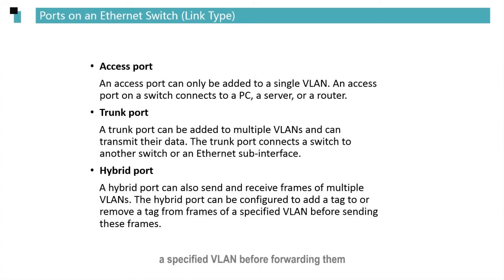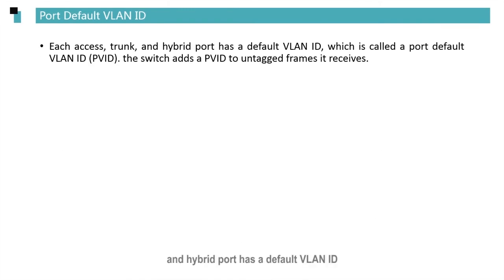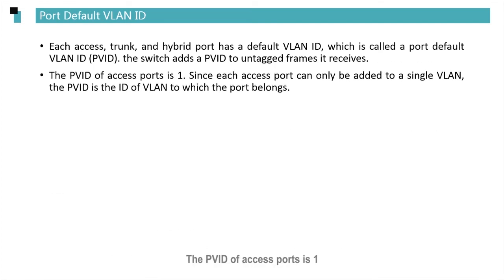The hybrid port can be configured to add a tag to or remove a tag from frames of a specified VLAN before forwarding them. Each access, trunk, and hybrid port has a default VLAN ID, which is called a Port Default VLAN ID, PVID. The port adds a PVID to untagged frames it receives. The PVID of access ports is 1, since each access port can only be added to a single VLAN.